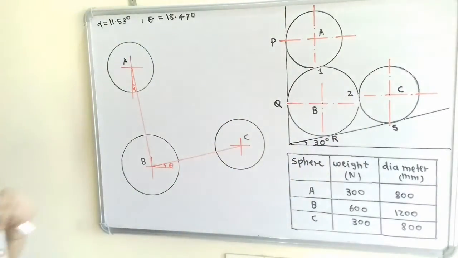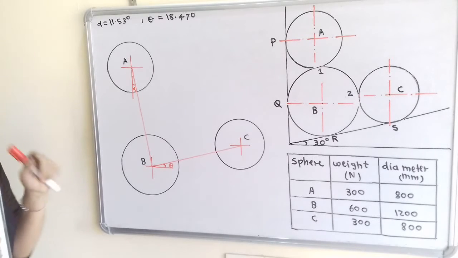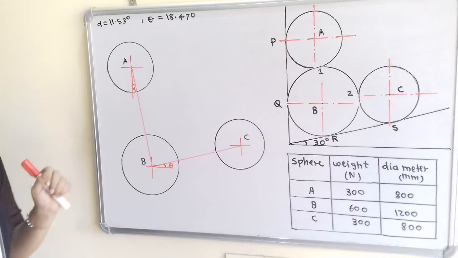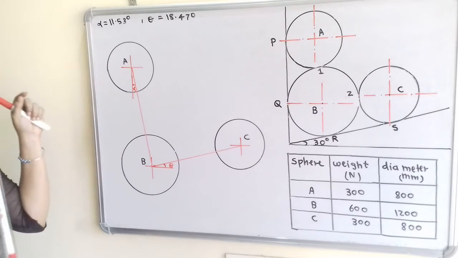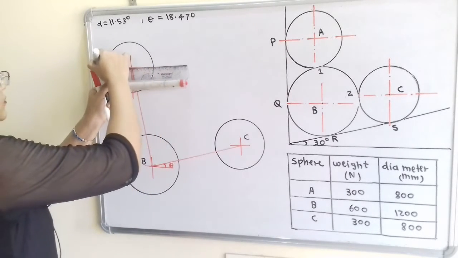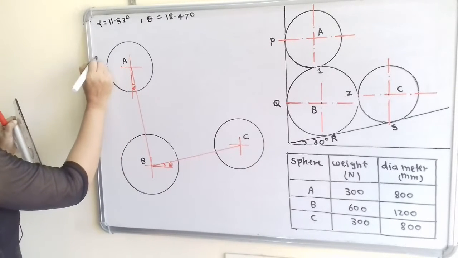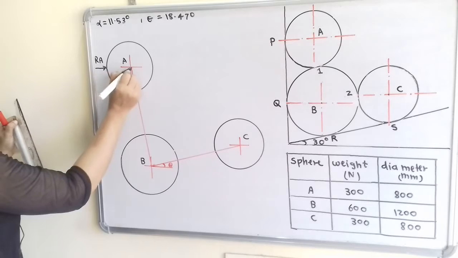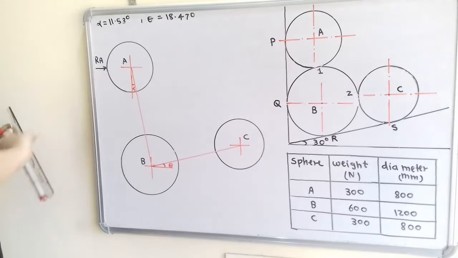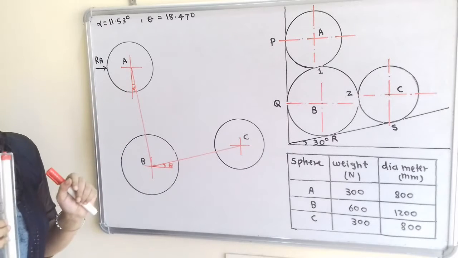Now we will apply the different reaction forces. So if we observe sphere A, there is the point of contact P with the vertical wall. So the reaction applied on sphere A is in the horizontal direction, and it is passing through the center. So we will show here, and we will call it RA. So this RA is passing through the center and the direction is towards sphere A. There is also point of contact 1.